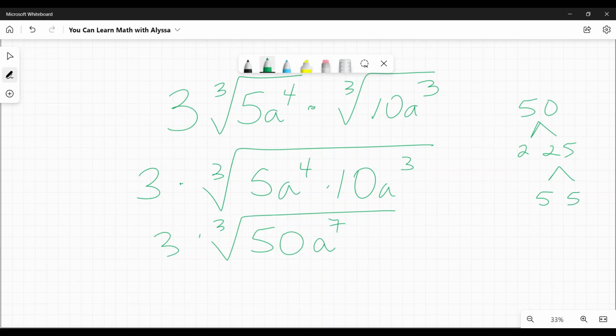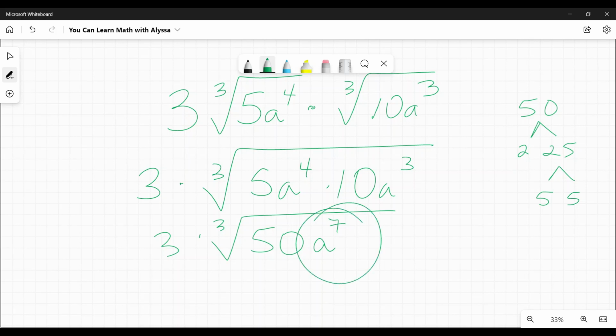And I do not see a set of 3 matching numbers. There's a square root in there because there's a set of 2 matching numbers, but there's no set of 3 matching numbers amongst these factors. So there is no perfect cube hiding in 50. So it has to stay under the radical. I can't bring it out.